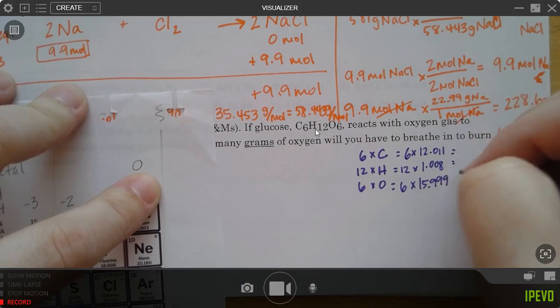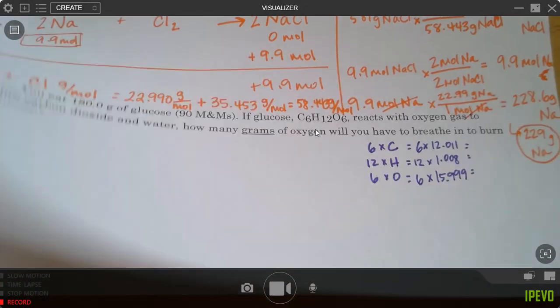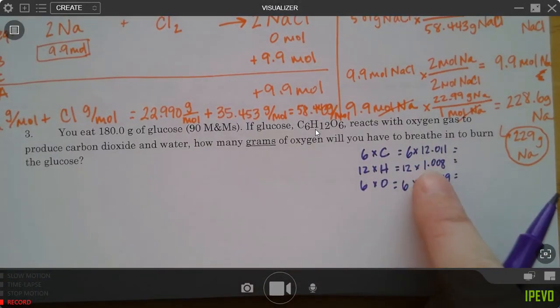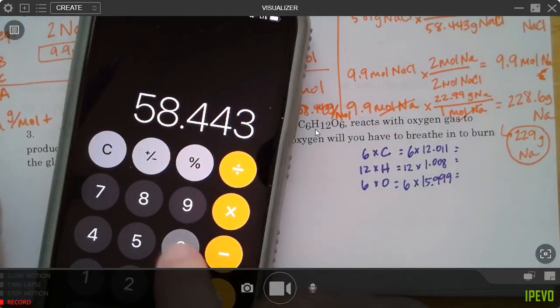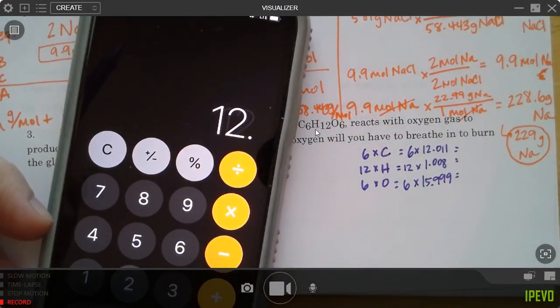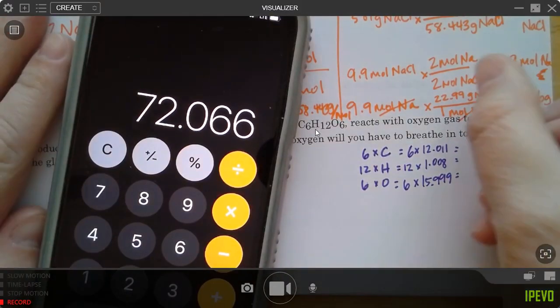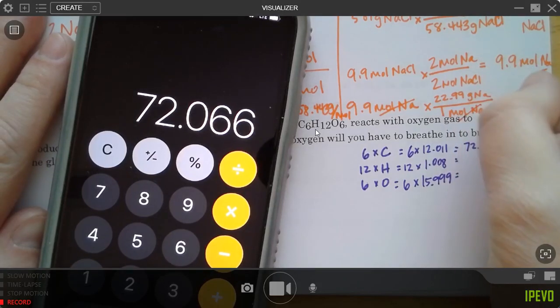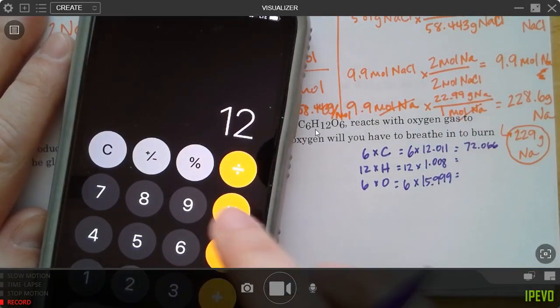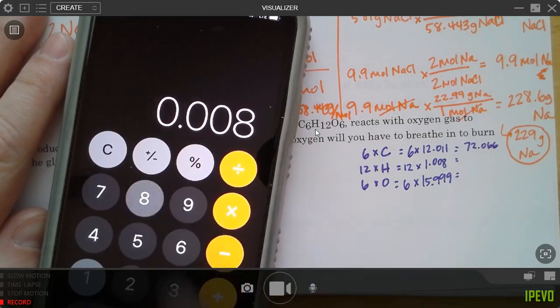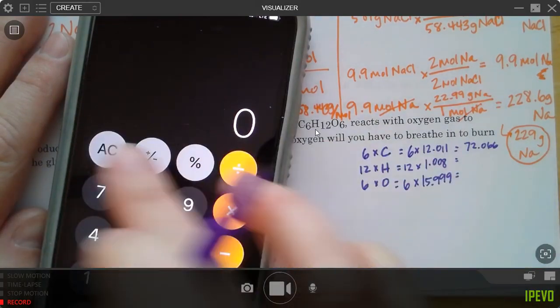I like to make these charts for this. So 6 times 12.011, 12 times 1.008.